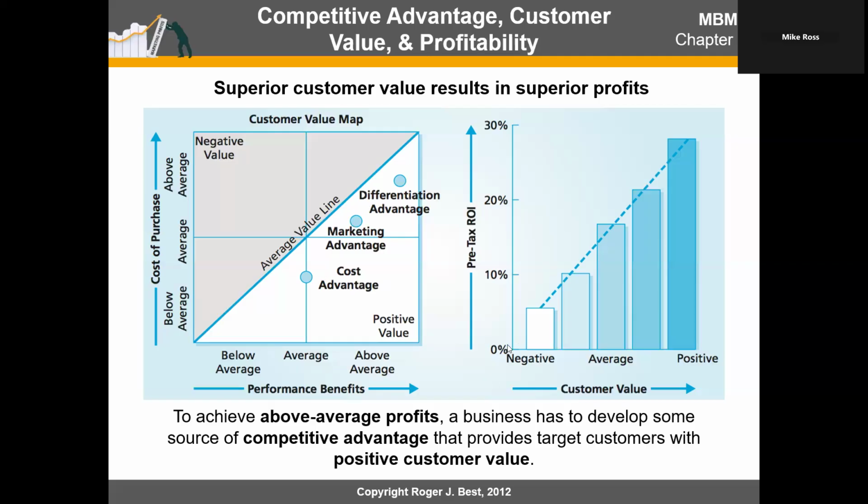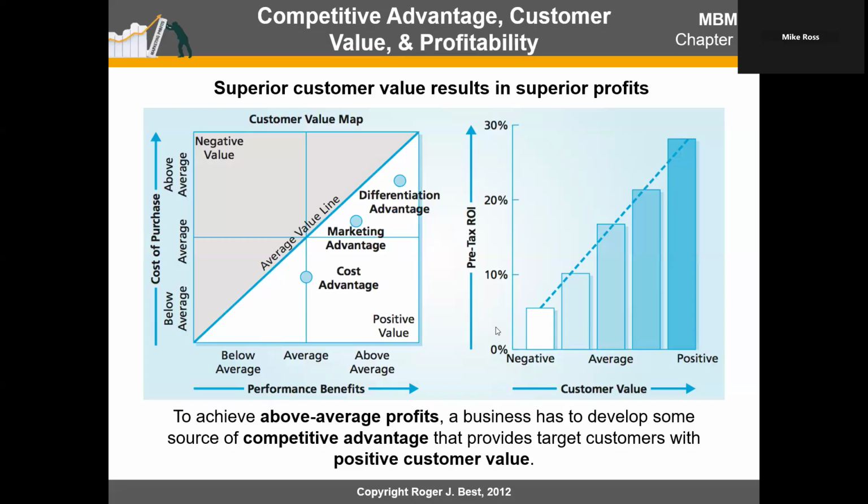Now, it makes sense, right? As we move to the right, this is another layer underneath this customer value map. We would expect there would be higher and higher levels of customer value which accrue to a product or a service which lies below this fair value line.